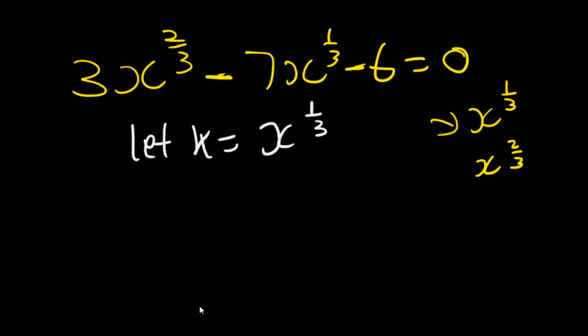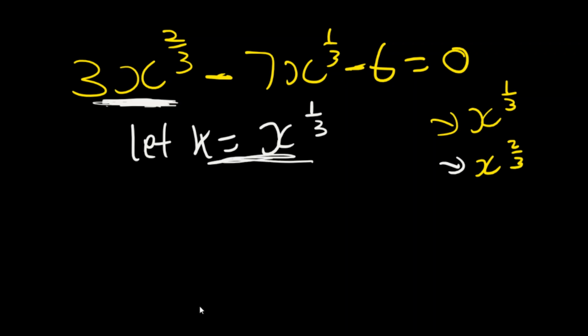But what I want you guys to notice is this is x to the power of 2 over 3. Normally for this one, someone can just say k squared. Yes, the answer will definitely have k squared. But why do you put k squared? Because someone can just substitute without knowing why.